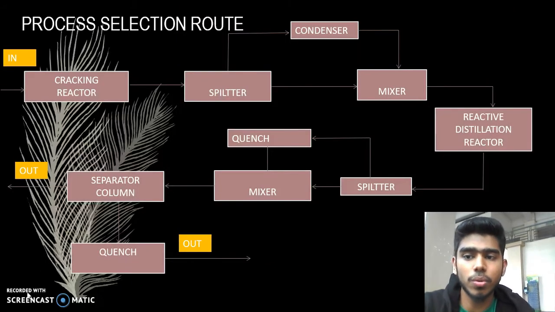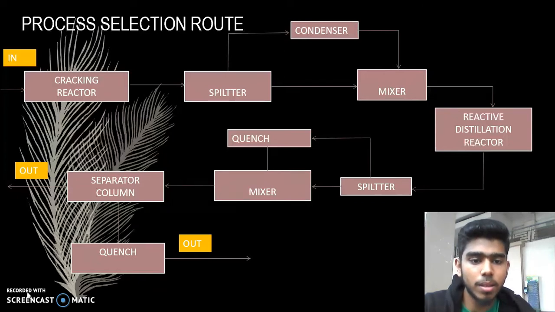In the process selection route, our process of 10 units starts from a cracking reactor, followed by a splitter, which splits into two streams, top and bottom. The top stream enters a condenser and mixes back with the bottom stream in the mixer, and from the mixer it moves to the reactive distillation reactor. From there it moves to a splitter, where it splits into two streams, top and bottom.